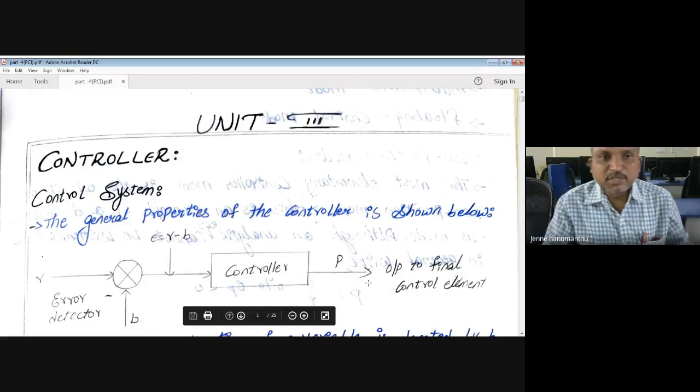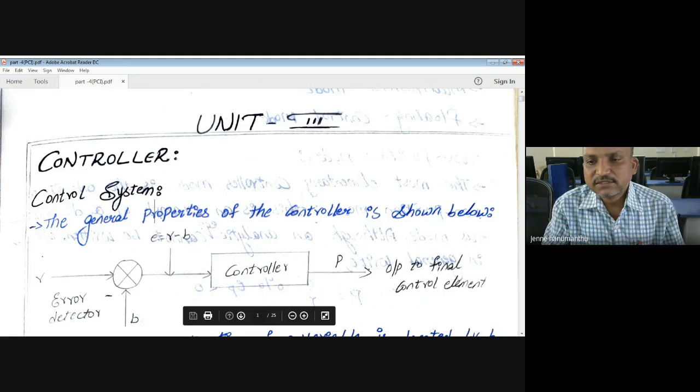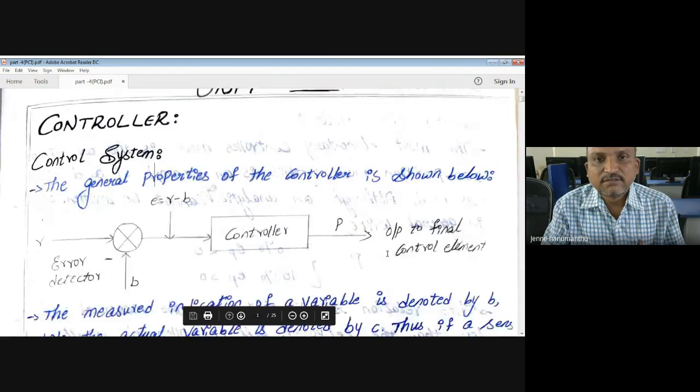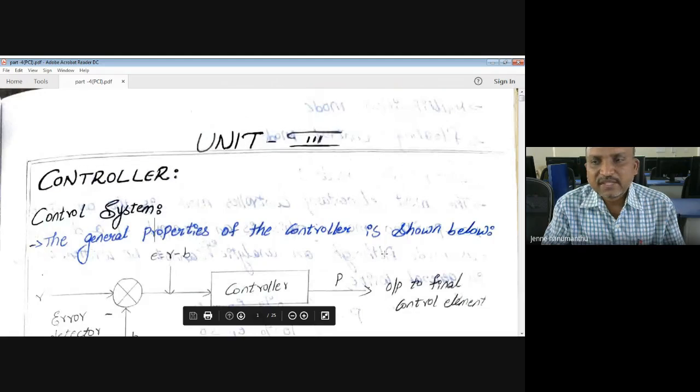Under this process control instrumentation, we cover the two chapters in detail, right? And today we'll see the third chapter, which is nothing but controllers, about controllers, right?